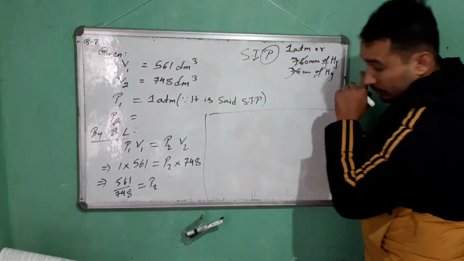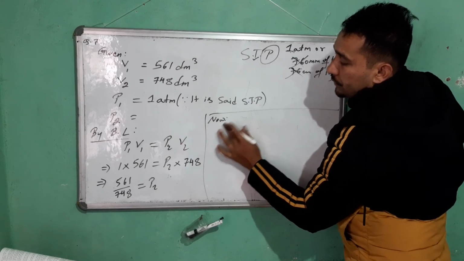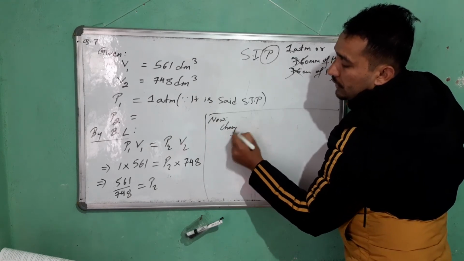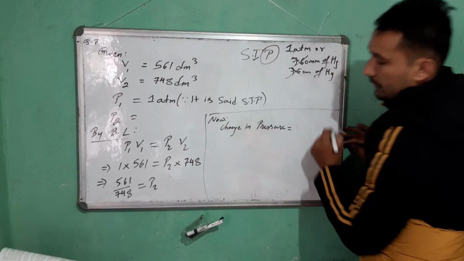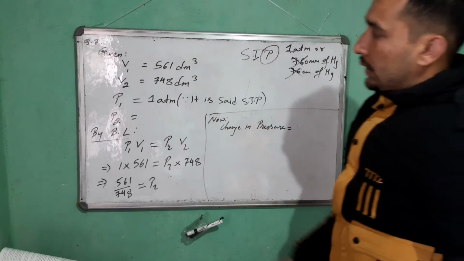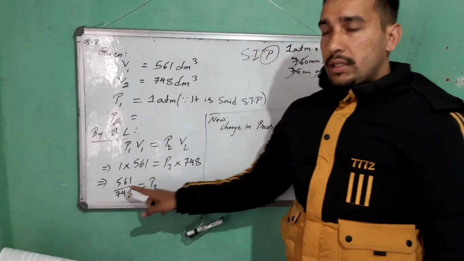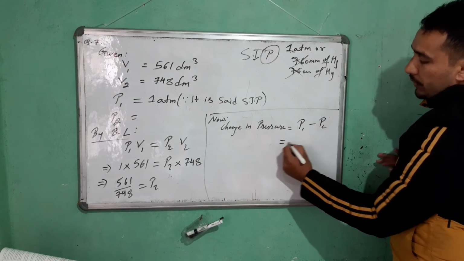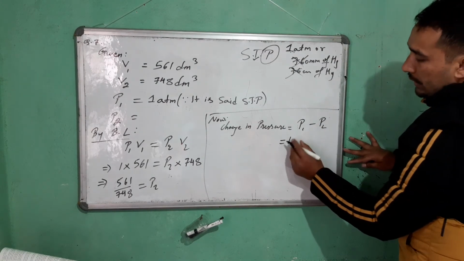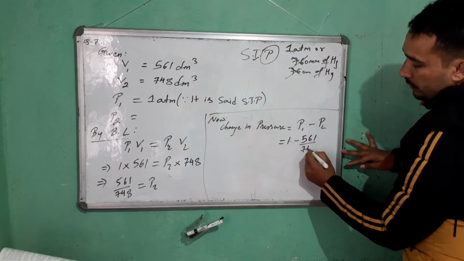Okay. Now change in pressure. Which is bigger? P1 is bigger. 1 is bigger than 561 divided by 748. So P1 minus P2. P1 is 1 minus P2, which is 561 divided by 748.